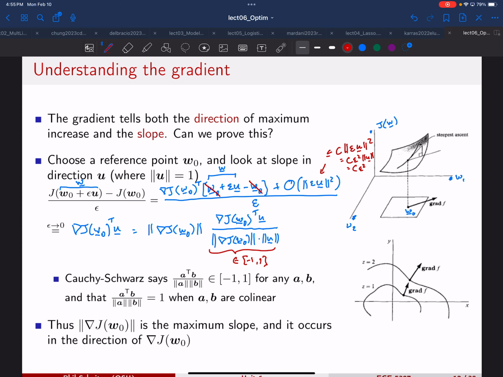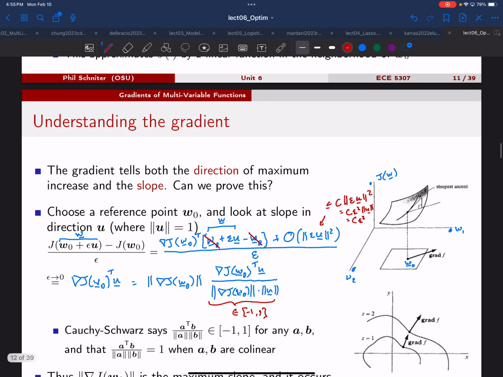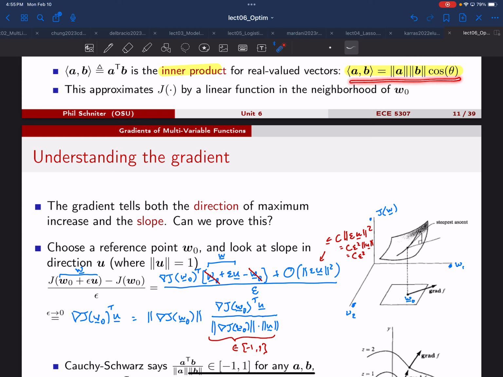And actually, you can see that from the previous page, too. If you look at this expression, you can see Cauchy-Schwarz again. If I divide both sides of this by norm of A, norm of B, then this is the cosine theta term, which we know is between 1 and minus 1.